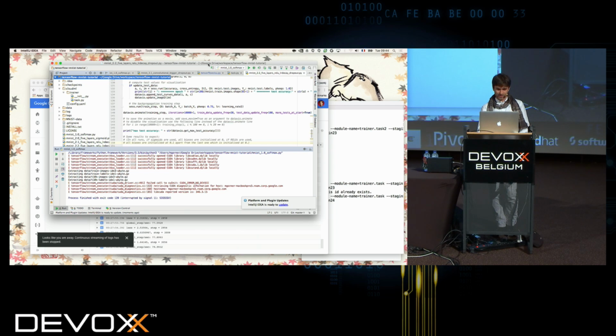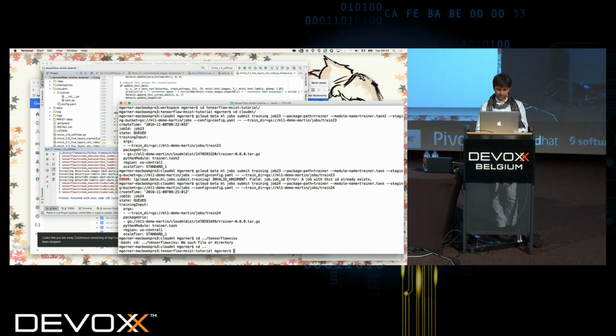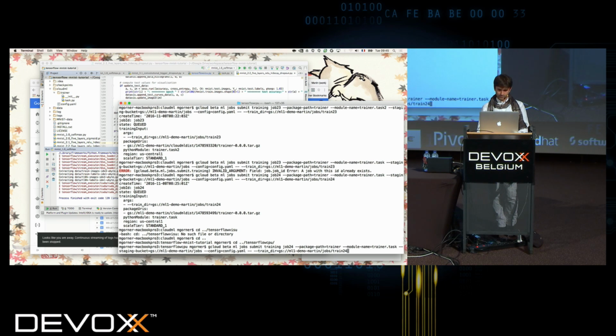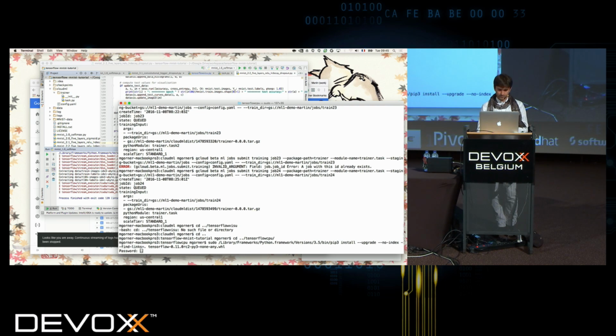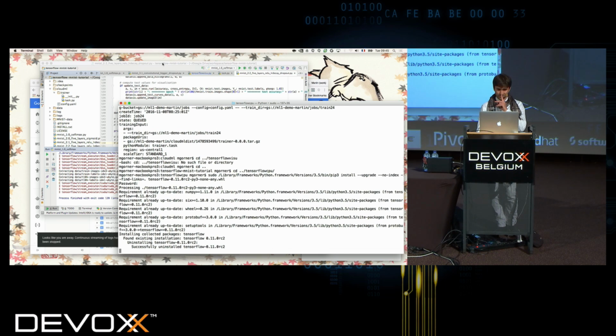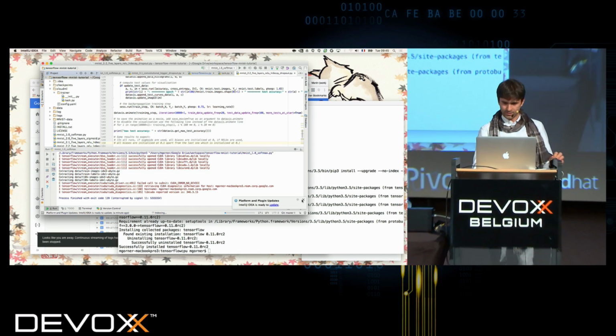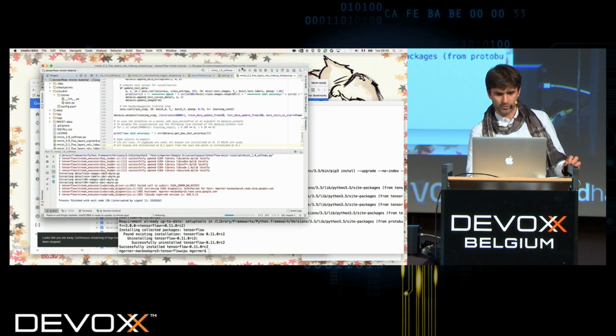Okay, bad demo gods indeed. Let me solve this issue really quick. This machine needs to re-index, and we should be good to go.